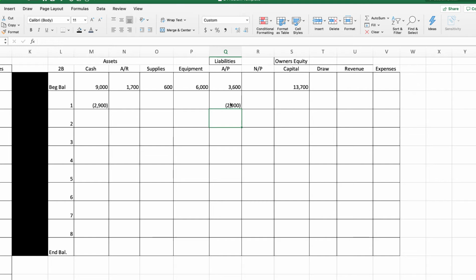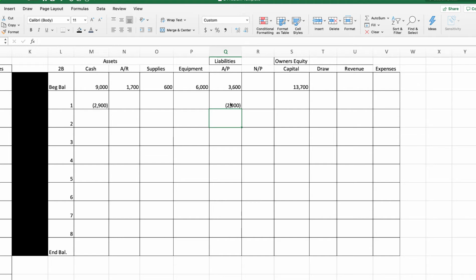Number two says collected $1,300 on accounts receivable. What that means is in the past we provided somebody a service or sold something, and we generated revenue a month ago. That person said, I'm not going to pay you now, I'll pay you later. So at that time we recorded revenue and a receivable. We're now in August, and that person is now paying us.